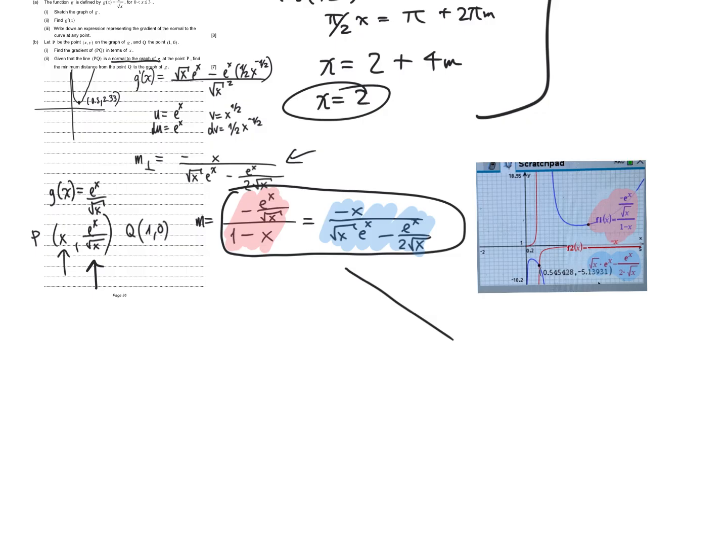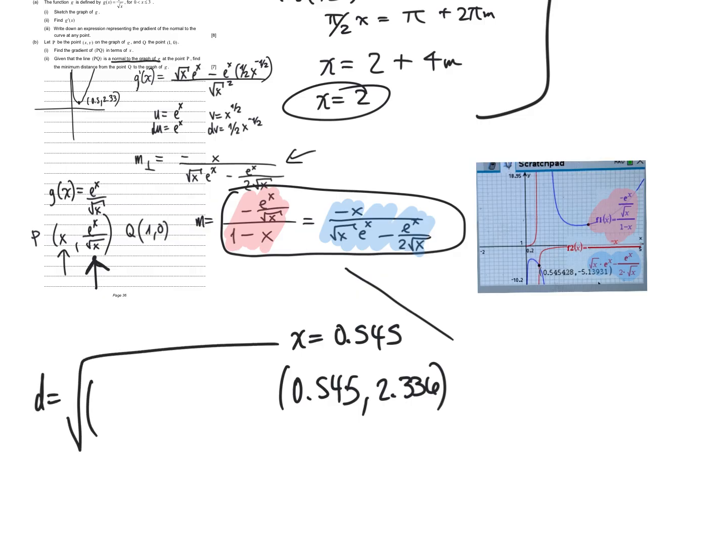They simplified it that way. So I found the intersection. I found the solution. X is 0.545. And then that means that point P is the point that. And then when I substitute x into the y here, I get 2.336.